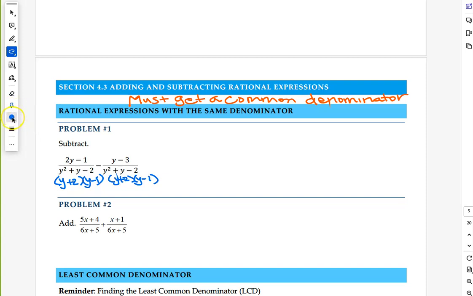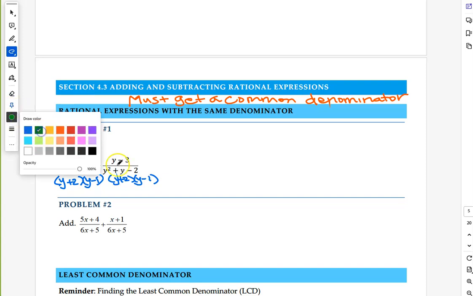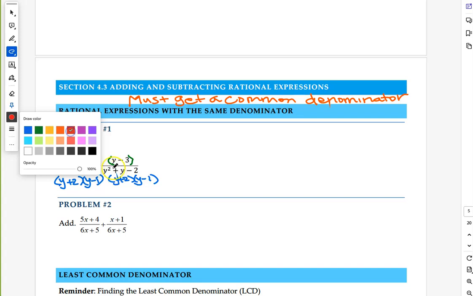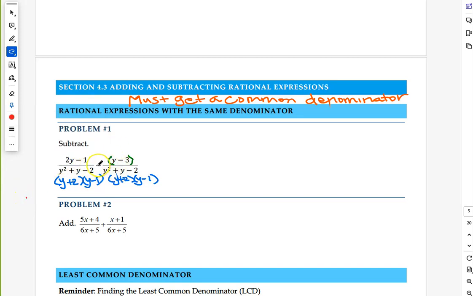However, there is something that I want to caution you about, and I'm going to put this in parentheses here. When we're dealing with this subtract sign in between, I like to think of it as changing this to add and then putting a -1 here, because you're subtracting both the y and the -3.